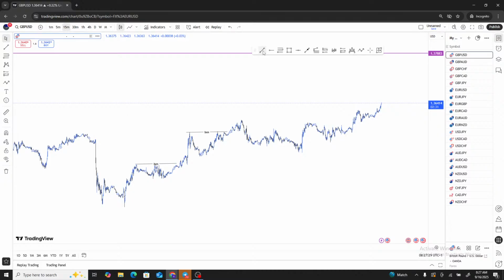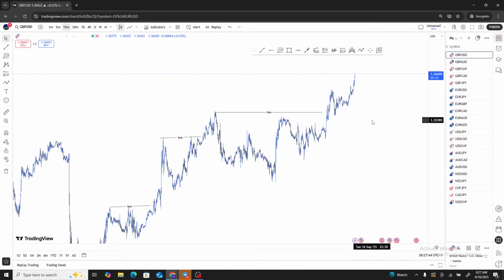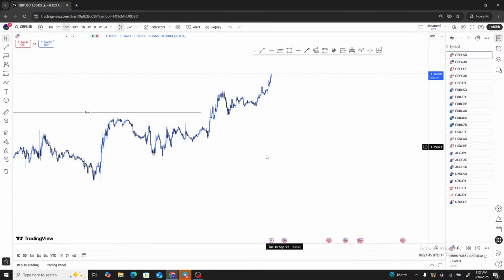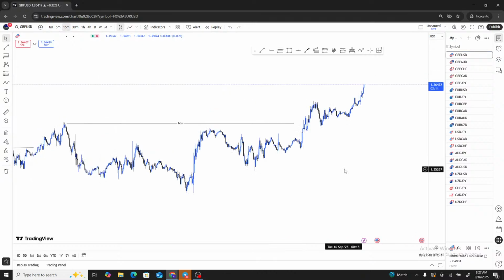Another break of structure, because it broke the structure. Can you see? So once we have mapped out our break of structure, what is the next thing we are supposed to do?